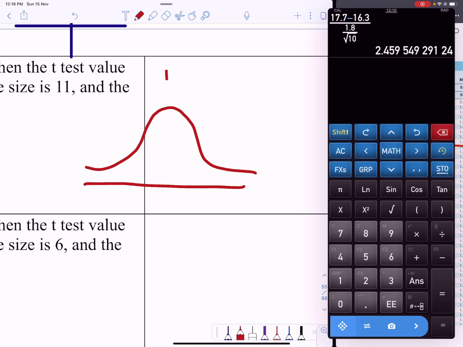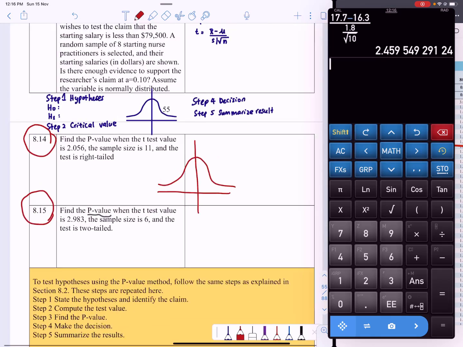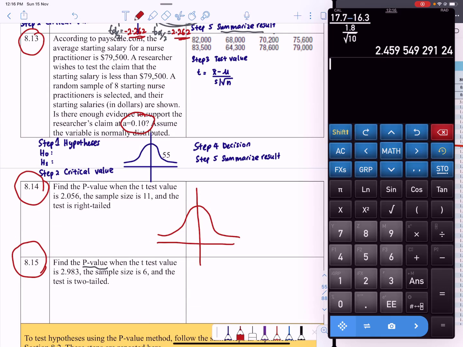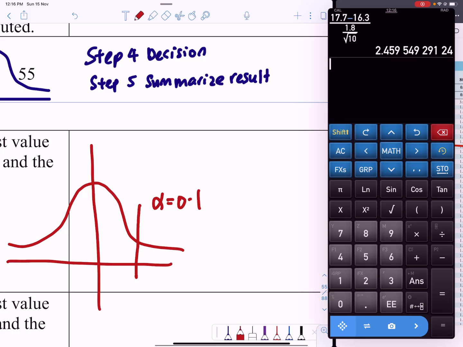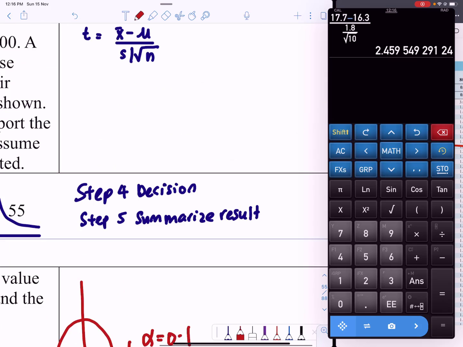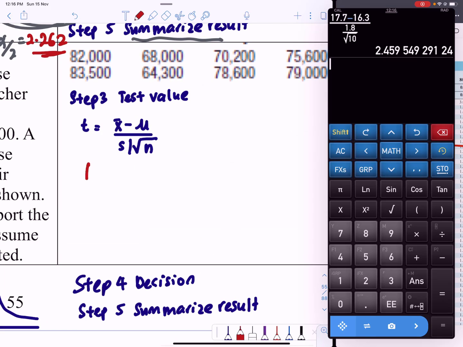Kalau P value ni, first of all kita tengok dia punya alpha value dia berapa. Alpha value dia equals to 0.1. Jadi from 0.1 ni dia merujuk kepada kawasan ni. Jadi bila dia merujuk kepada kawasan tu, kita tengok dia punya T value dia. Nanti kamu akan dapat T value, test value ni.